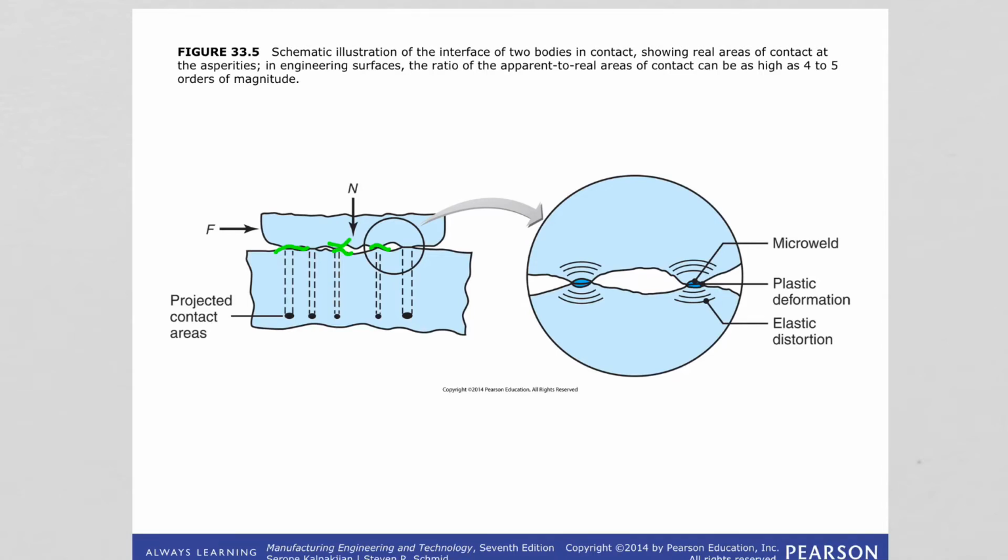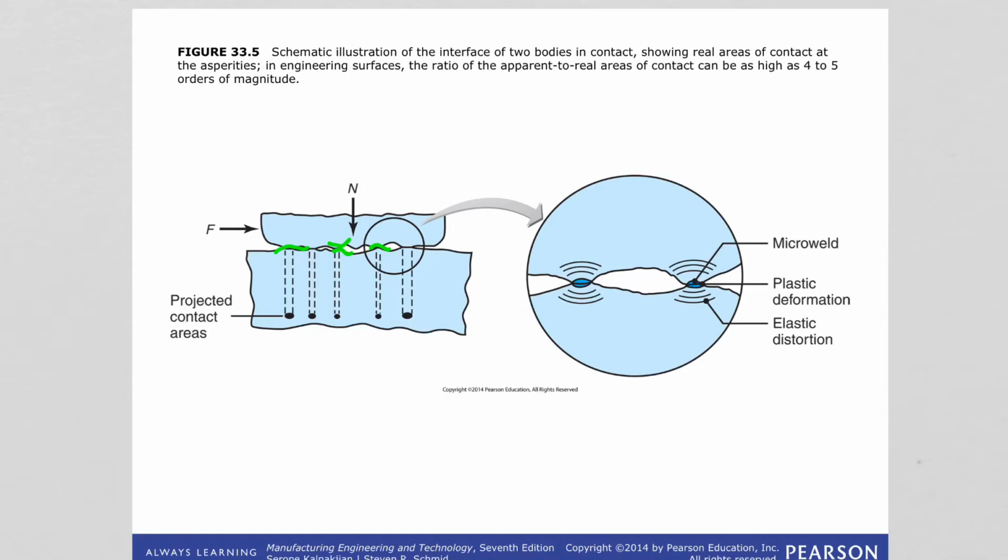So these are small areas, right? We can therefore assume normal stresses at these asperities will be high, because remember, the force over area is the stress, and you have small areas in contact. This increases the stresses at these asperities, and this will cause plastic deformation at the junctions, and this will create an adhesive bond.